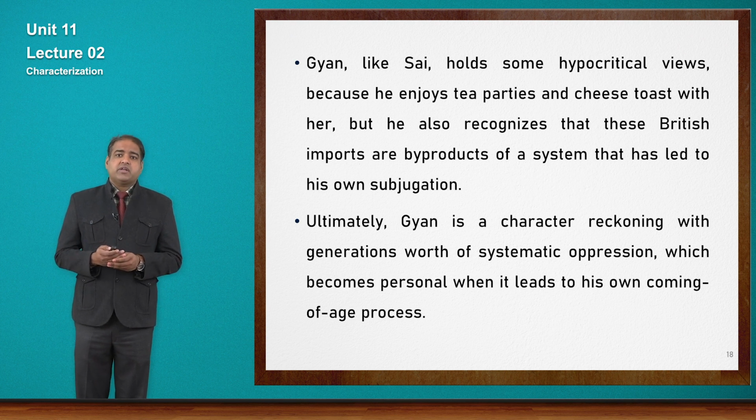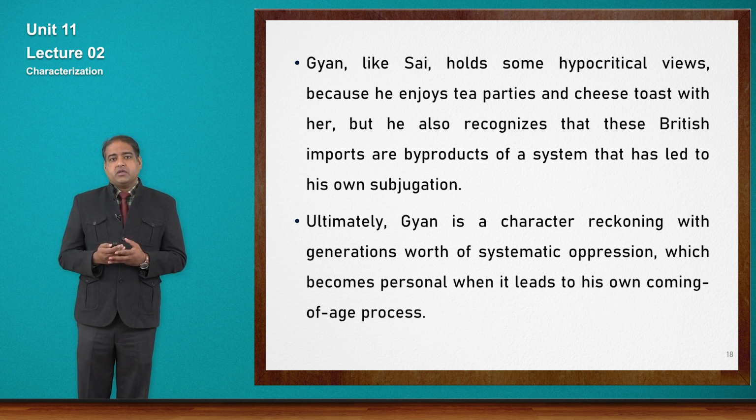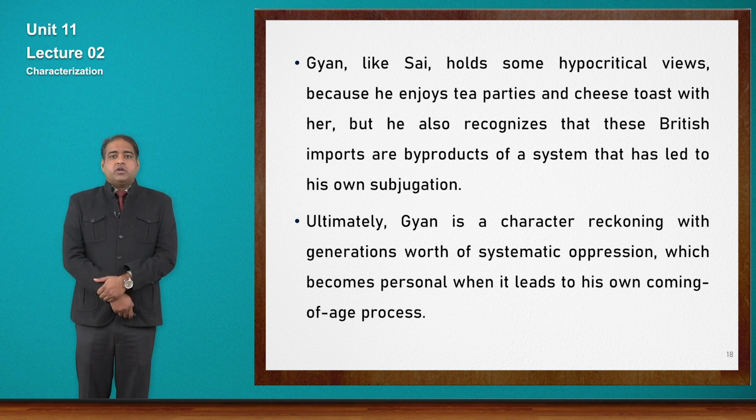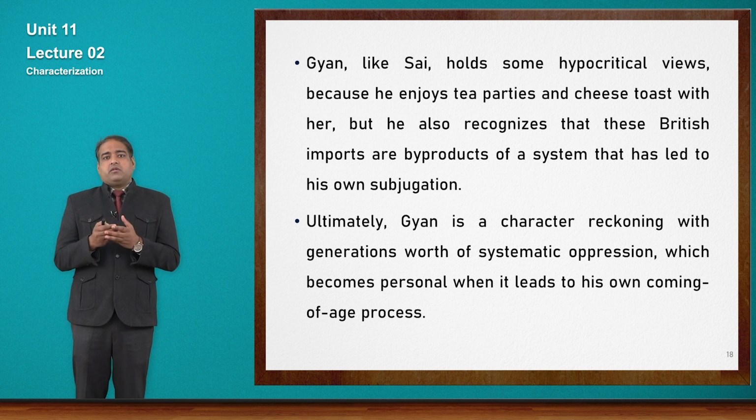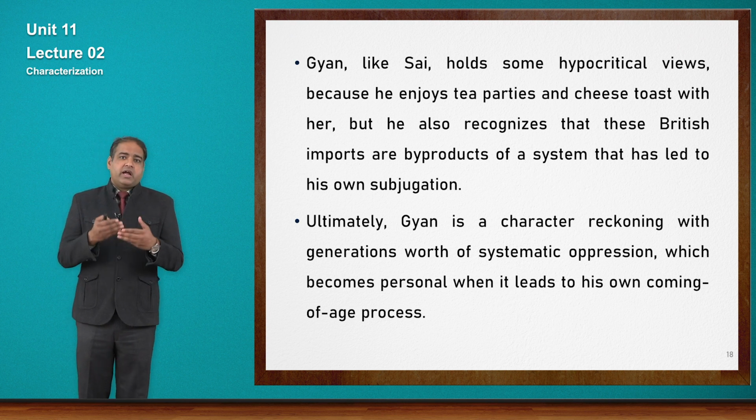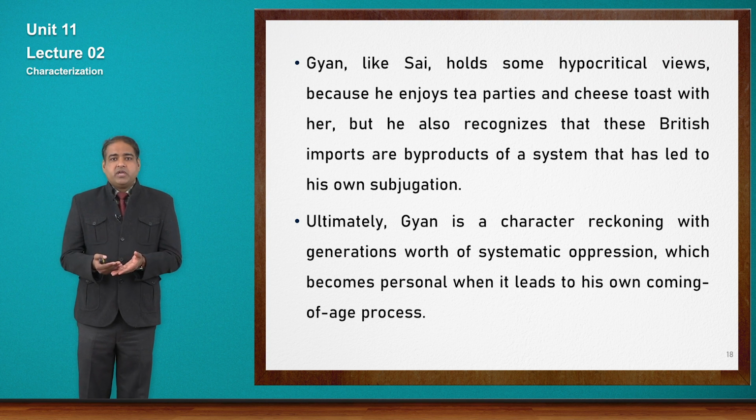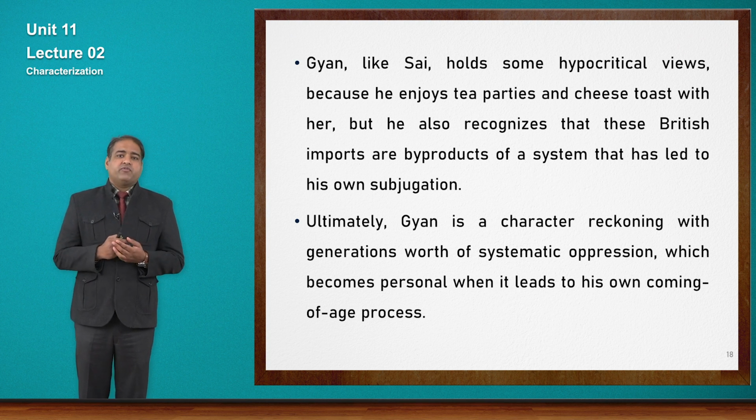These Nepalis were being oppressed by the local Indians in that area. And that oppression reaches a sudden outburst when Gyan beats Sai at his house. So the things which were professional between Sai and Gyan became personal at the end of the story, which ruins their love relationship.